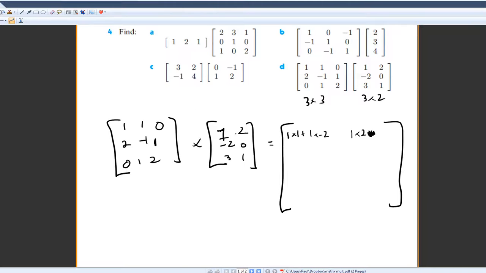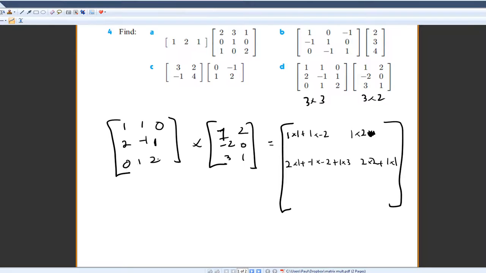Alright, second row, first column, right here. 2 times 1 plus -1 times -2 plus 1 times 3. Alright, let's go again. Second row, second column. I'm not going to do -1 times 0, I will do 1 times 1.